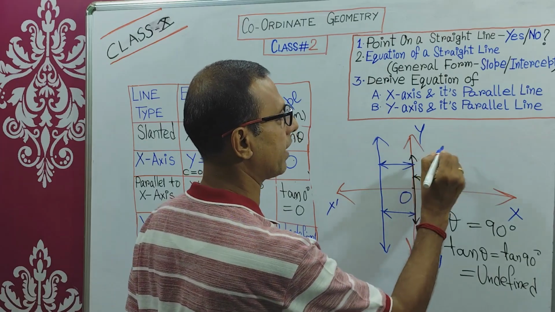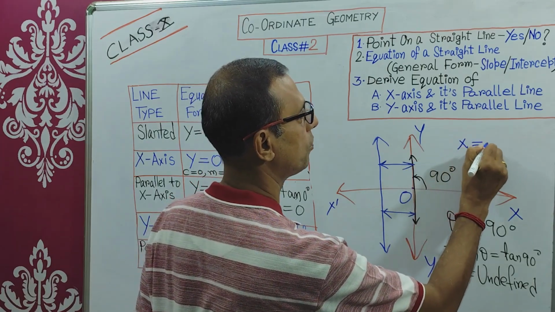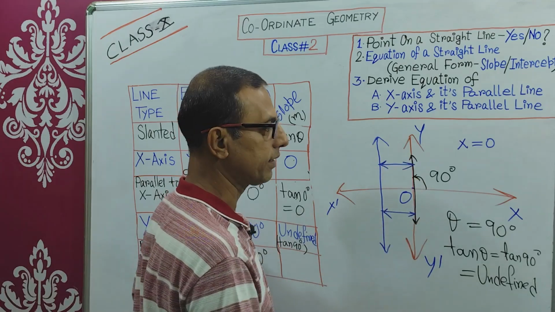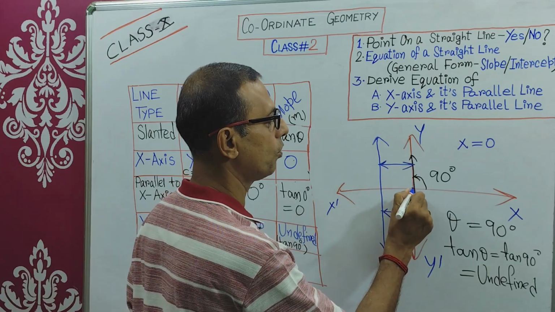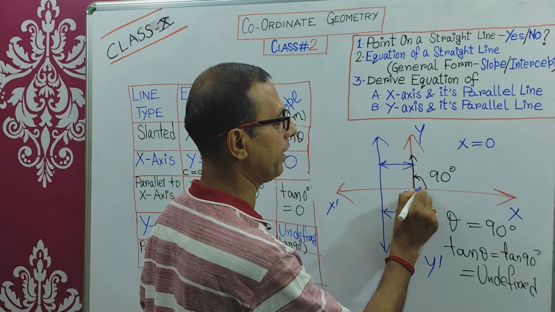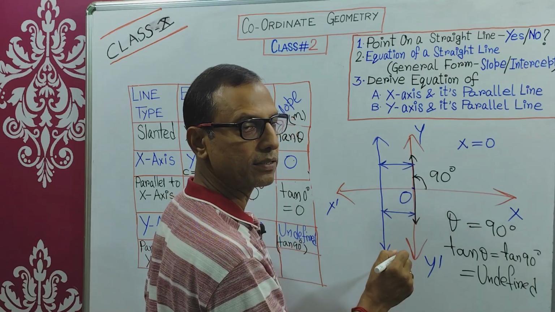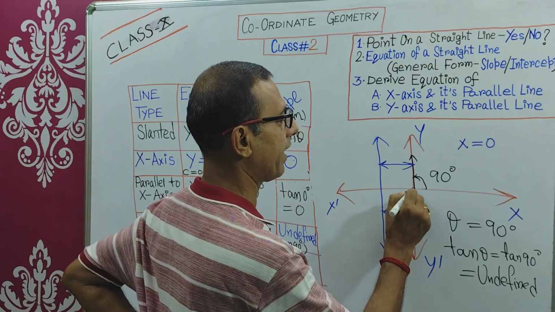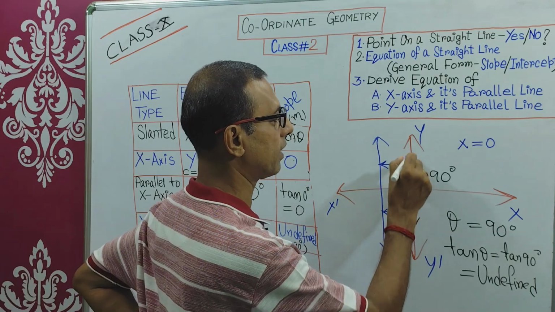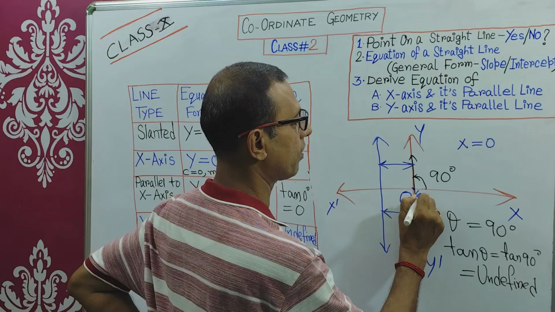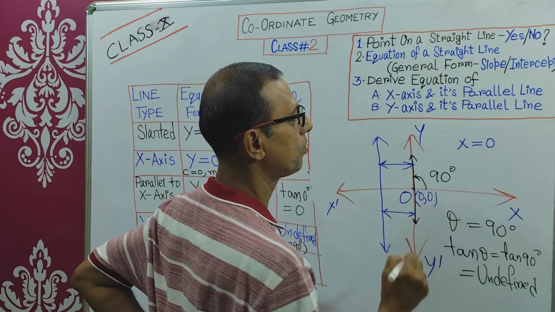For the y-axis itself, we can see that it is on the y-axis, that means x equals 0. There is no abscissa, or no x coordinate value as such. The x value is 0 because it is passing through the origin and lying on the y-axis. The coordinate of the origin is 0, 0.